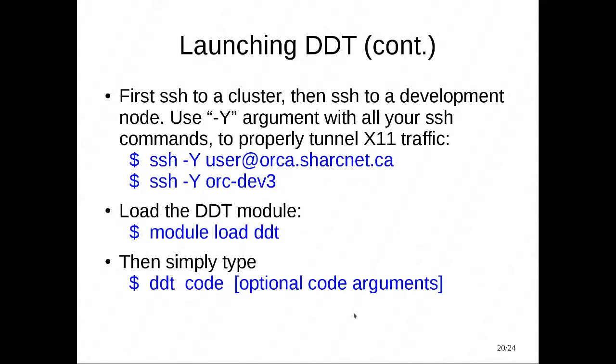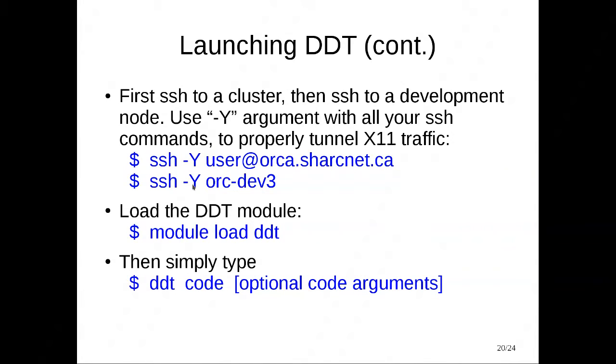So finally, once you've ensured that your workstation has an X window client, and of course an SSH client, you log into one of our clusters which has DDT, like Orca, and don't forget to add the argument switch -Y all the way. Each SSH statement you do, you have to add that.